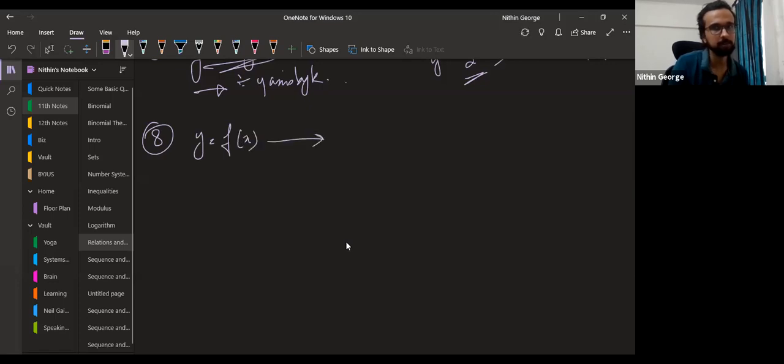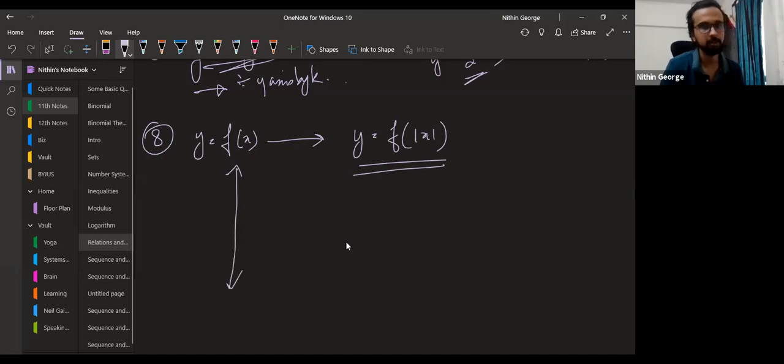Y is equal to f of x becomes y is equal to f of mod x. What changes? Suppose y equal to f of x went like this.